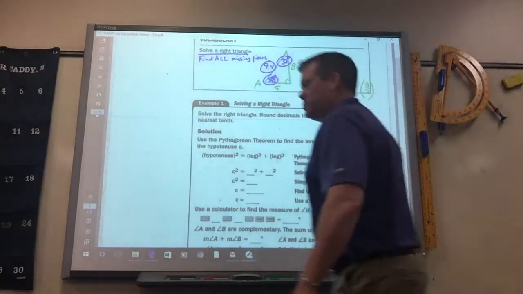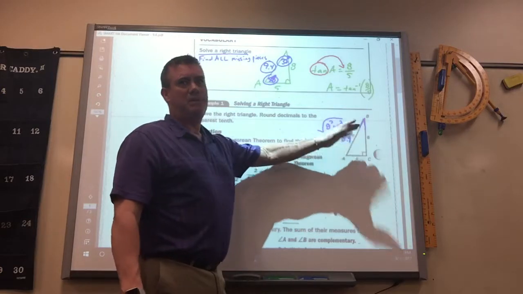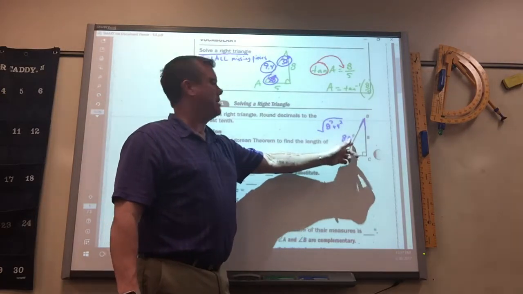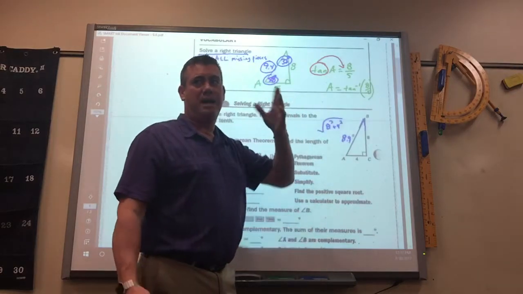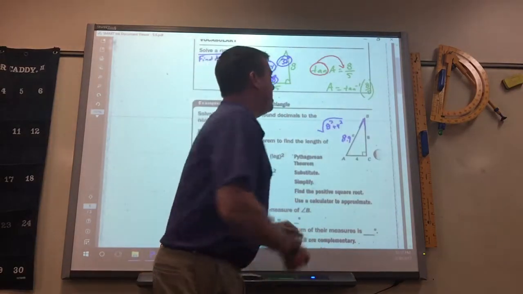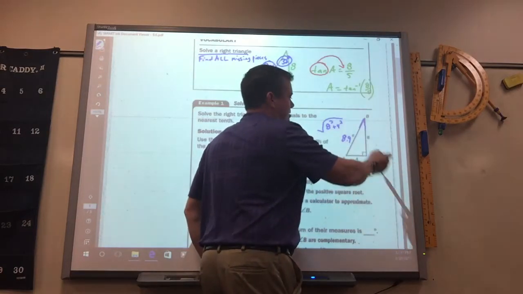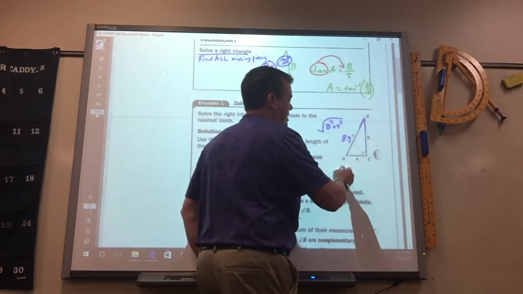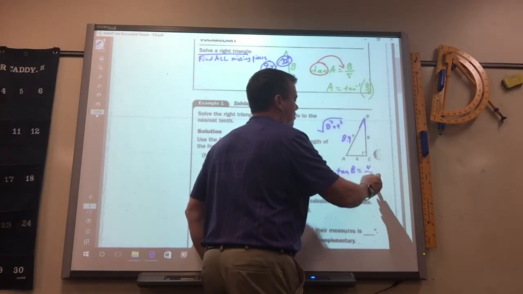But just so you know, since this has been rounded, you probably wouldn't want to use it. Because if you use one thing that's rounded, your answer is going to be a little further off, possibly. So you're better off using these two. Tangent. 4 is opposite, 8 is adjacent. Tangent of B equals opposite over adjacent.